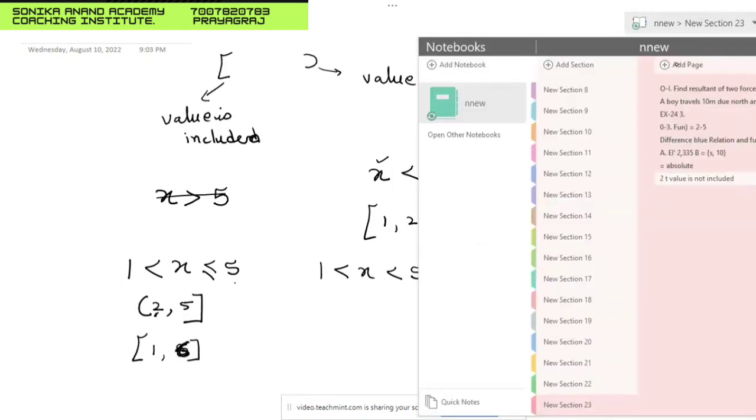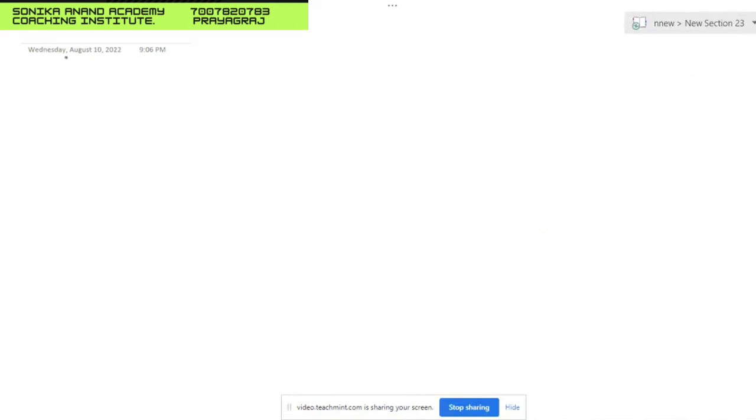Now I am shifting to the next question of our exercise. We have to find the domain and range for the function f(x) equal to under root of 9 minus x square. Whenever we have to find the domain and the function is given with a root, we rationalize it and write it as 1 upon under root of 9 minus x square.